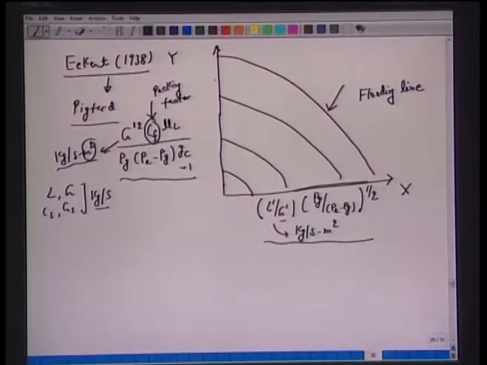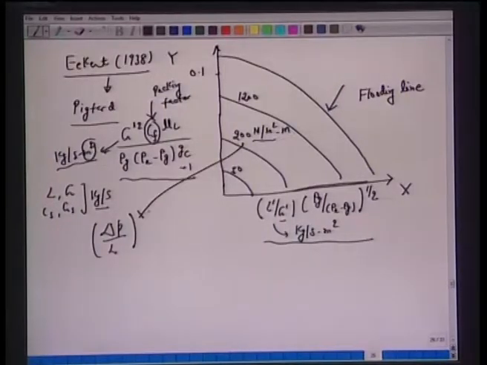And here you have some numbers like 0.1 etc., and each curve will have certain numbers, say 12, 1200, 250. This is Newton per meter square per meter. So if you recall, this is nothing but your pressure drop per unit length. So this is what we have, right?